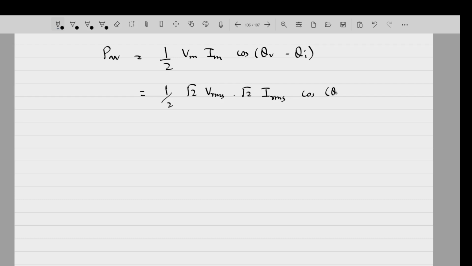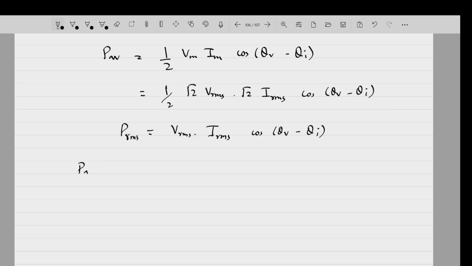Root 2 into root 2 is 2, the 2 cancels out, so we get Vrms into Irms cos of theta V minus theta I. So this is now the RMS value of power that we can measure.